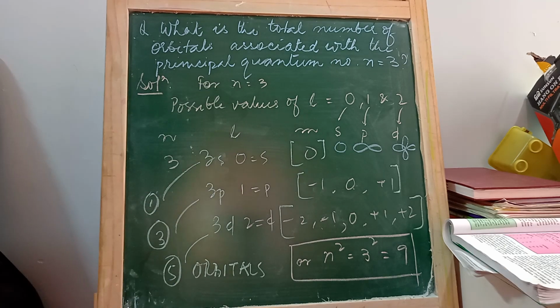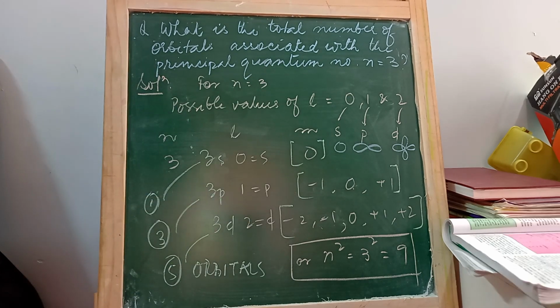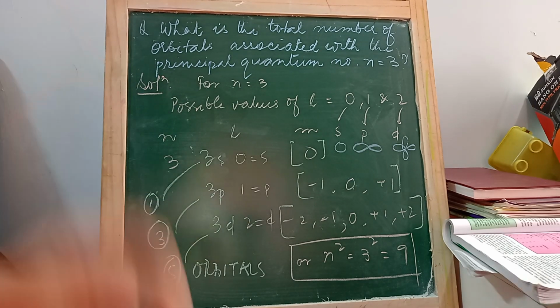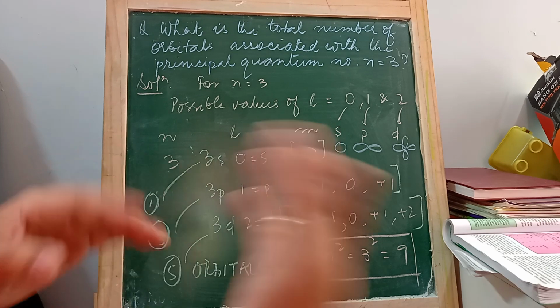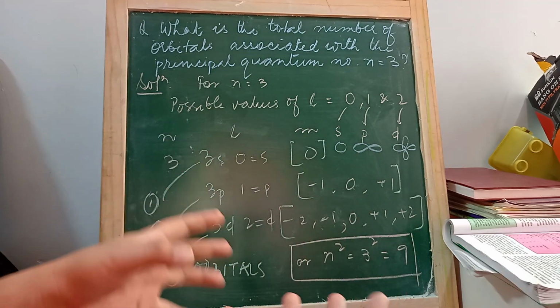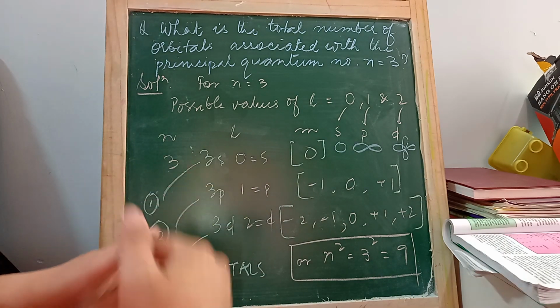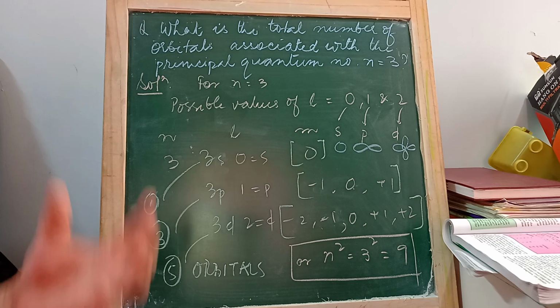So from the principal quantum number, we have got the possible values of the azimuthal quantum number L, which not only signifies the subshells but also tells us about the shape of the orbitals.